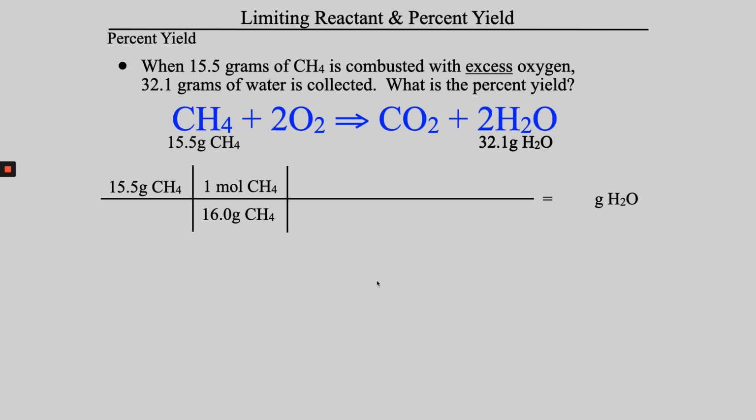There's a 1 in front of the CH4 and a 2 in front of the water. And then our last step, moles to grams. So at this point, we just do the math, and I'll do it for you. It works out to 34.9 grams.